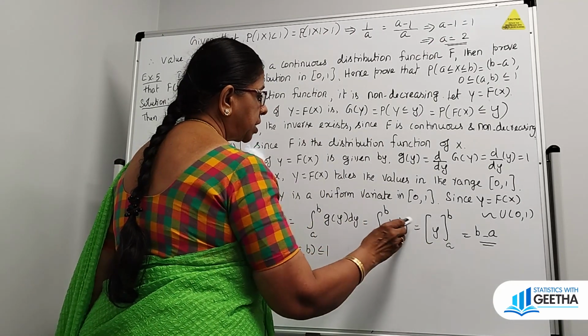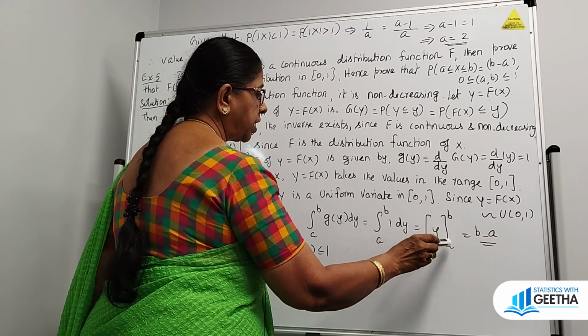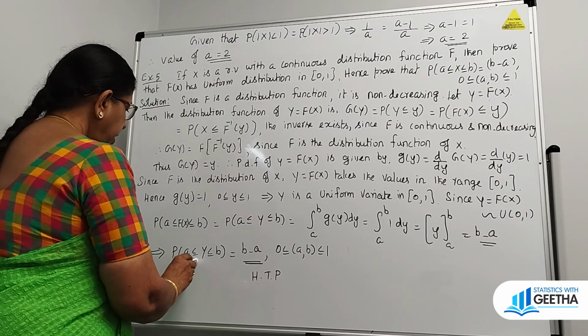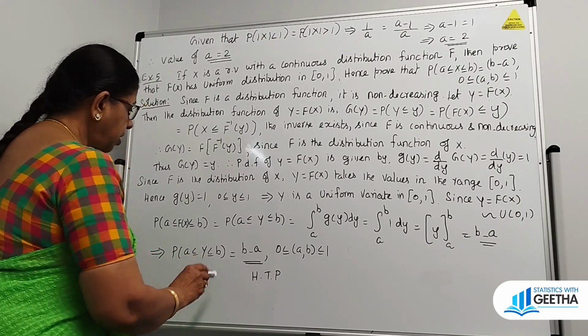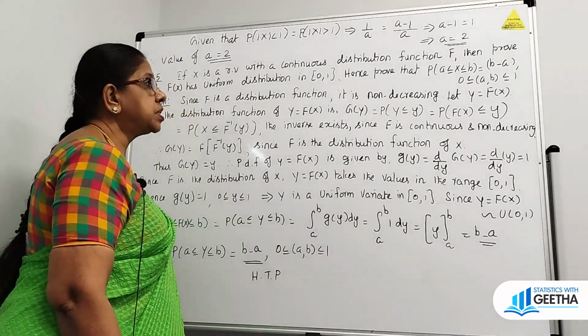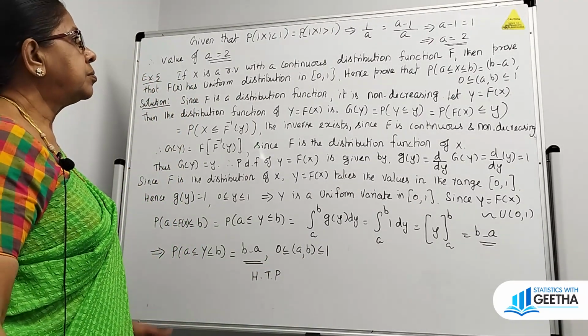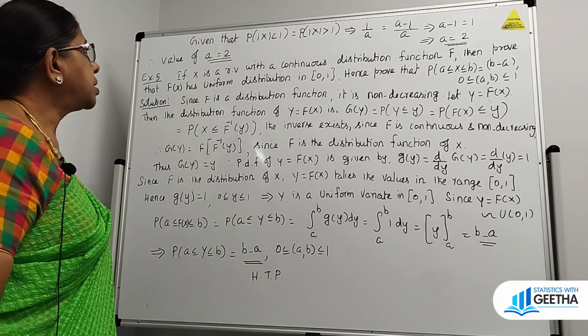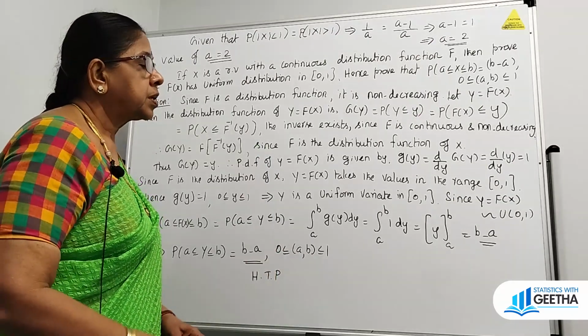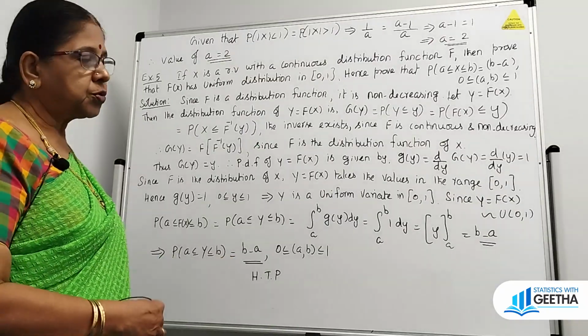That is, integrating y within the limits a to b, that is b minus a. Therefore, probability of a less than or equal to y less than or equal to b is b minus a for 0 less than or equal to a, b less than or equal to 1. That is what we had to prove, and we have proved it, because y is what we set as F of x. Hence we have proved.